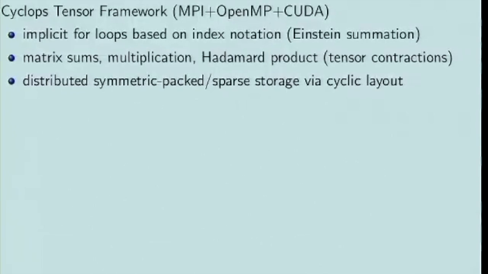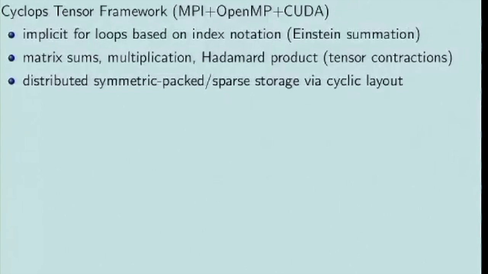So CTF, Cyclops Tensor Framework, was motivated with respect to solving such equations and more generally just supporting tensor computations. It's a distributed memory library based on MPI and also with threading provided by OpenMP and potential acceleration by CUDA. And it has a simple interface that's based on Einstein summation, so avoiding the summation signs and just describing everything in indexed form, which is actually what is done in quantum chemistry.